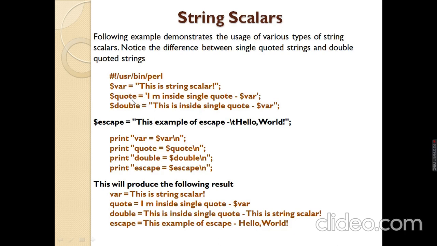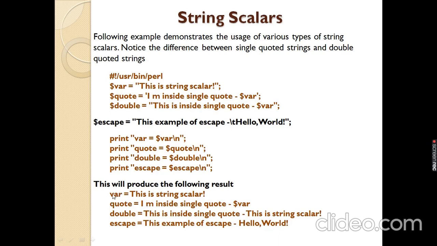In the second example the second variable consists of a single quote value, and we are using one variable, var, which already holds some value. This is a string scalar. But what happens when we use the single quote, whether it is a variable name or a string, it prints as is on the monitor screen.